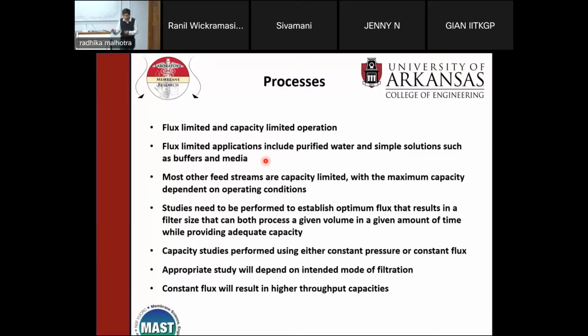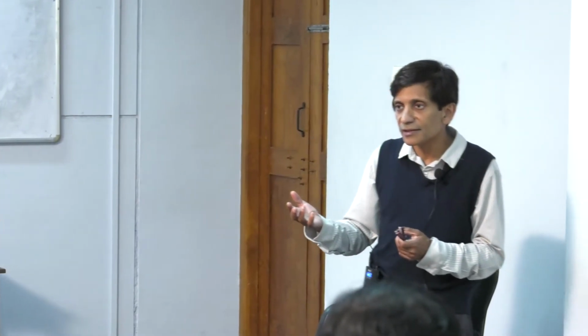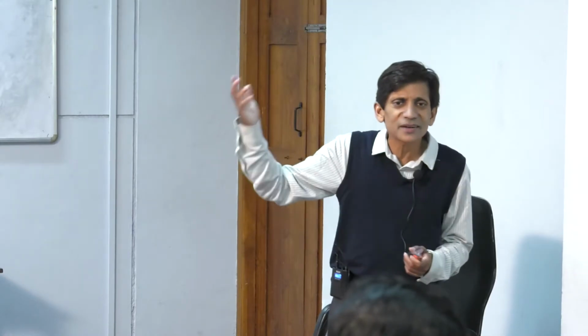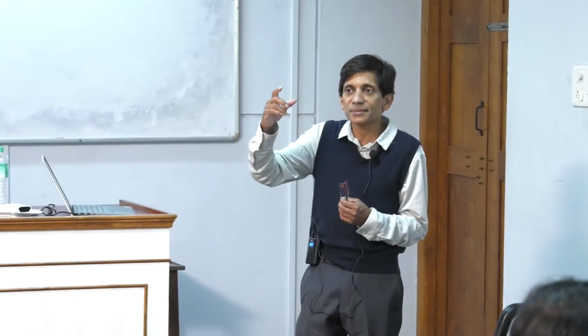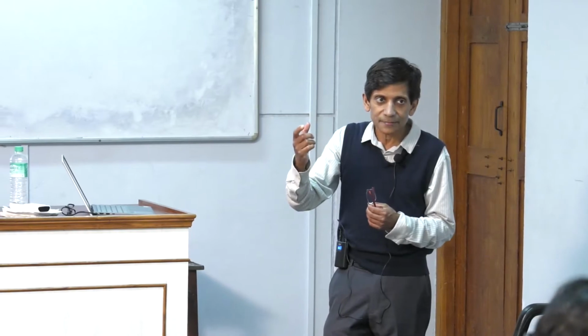As I mentioned earlier, if you're putting water into the system, you're putting buffers into the system, they all have to go through a sterile filter. However, they should not be capacity limited. There should not be anything there, right? So nominally speaking, you can run forever, right? This should be a fresh buffer you prepared under sterile conditions anyway, and so it's just an additional protection. So therefore, the limitation is flux. You run it as fast as you can based on your maximum pressure, right? So it's flux limited.